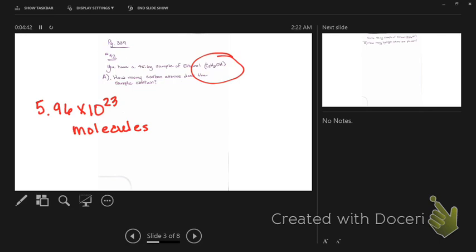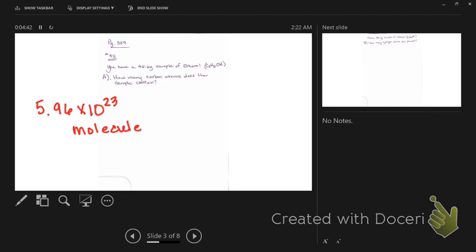So in every 1 mole of ethanol, I have 2 moles of carbon atoms. I have 6 moles of hydrogen, because I have 5 here and 1 there, so that's 6. And then I have 1 mole of oxygen atoms, for every 1 mole of these ethanol molecules.